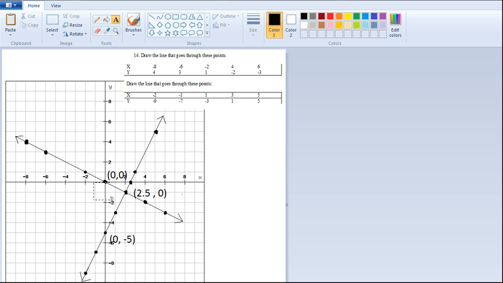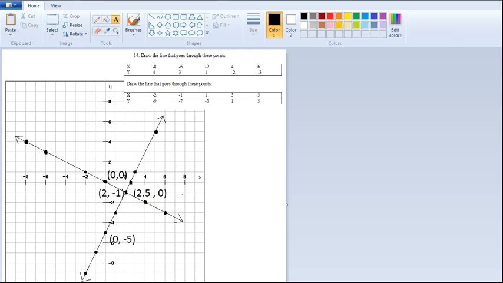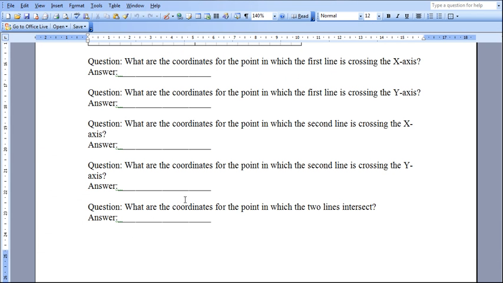So the coordinates for this point would be 2, -1, which would be the answer for the last question.